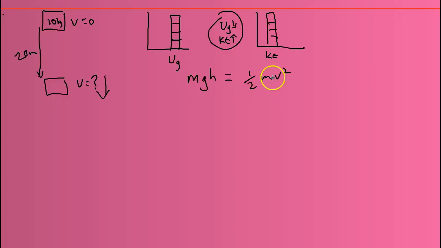Okay, we know we can substitute in the mass, but you can see it's on both sides, so we can divide it out. But we'll go ahead and substitute. So say 10 kilograms times 9.8 meters per second squared times a height of 20 meters will be equal to 1/2 times 10 kilograms times v squared.